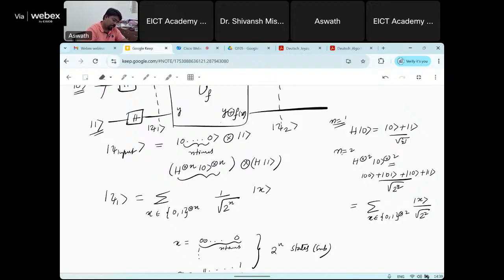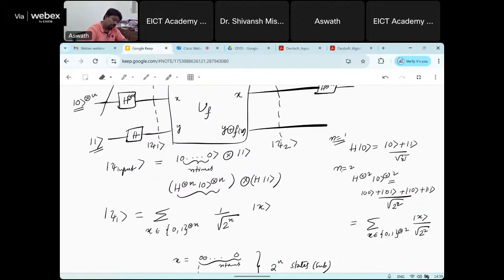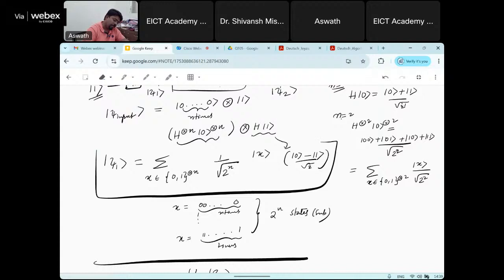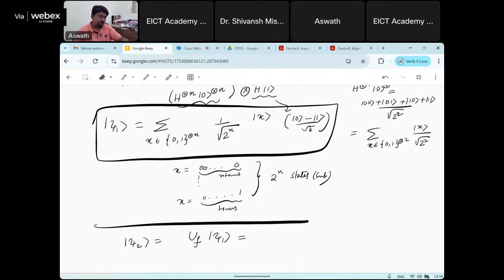Psi1 is not only the Hadamard here, there is a Hadamard acting also on the ancilla. So I have to also add this part, which is the superposition of 0 and 1 with a negative sign. This is what our psi1 is. Remember always not to ignore the ancilla part.